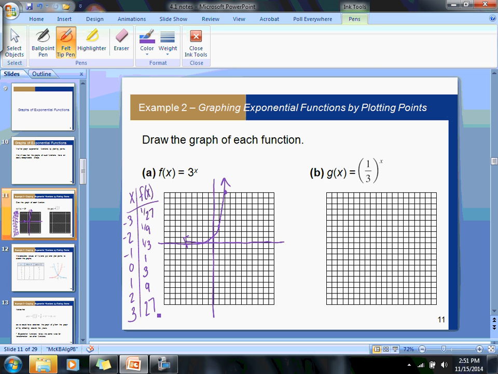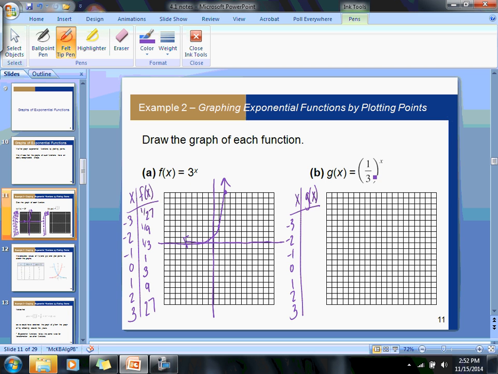Okay. For our other function here, our g of x function, when we're in class, I'll ask you to do the same values in your table. And I'll ask, what do you think is going to happen with our values? And hopefully you'll see that 3 and 1/3 are reciprocals.